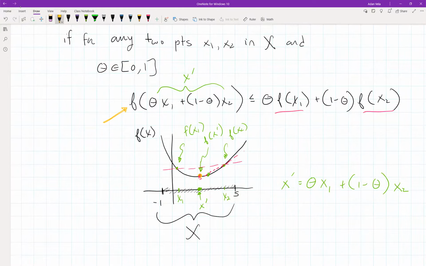The average between those 2 points on the line is still underneath that red line. Okay. And so this is sort of a mathematical definition of how we define a convex function. Now, there's going to be some tricks that make life a little bit easier. But let's see some examples of convex functions.